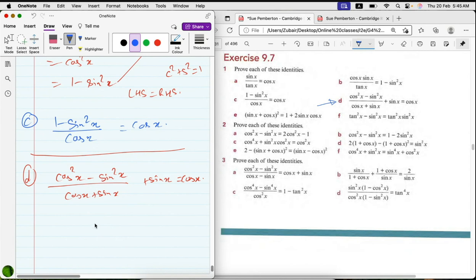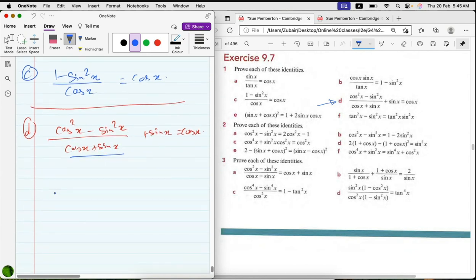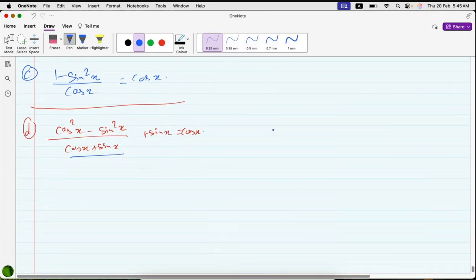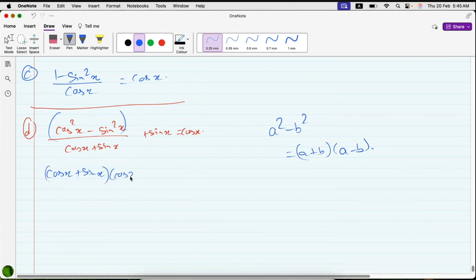So first step, the numerator is cos square x minus sin square x and the denominator is without squares. So I am thinking about using a square minus b square, which is equal to a plus b into a minus b. Simple identity. So in the numerator, I'm writing cos x plus sin x, that's a plus b into a minus b. Denominator copy paste.